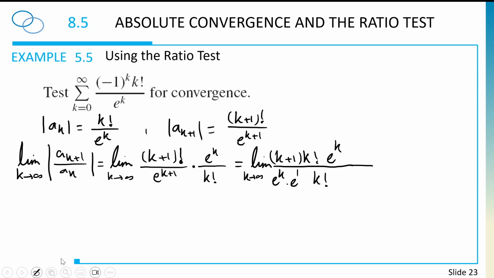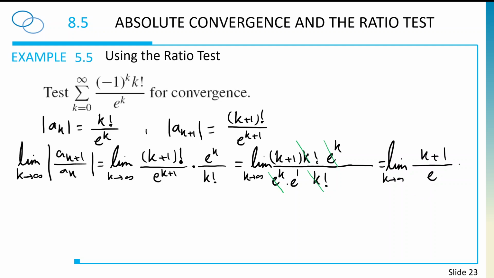See what we can cancel out. k factorial with k factorial. e to the power of k with e to the power of k. Great. What should be left in this case? So we end up with the limit. In the numerator I have k+1, and down I have only e, which is a constant, as k approaches infinity.